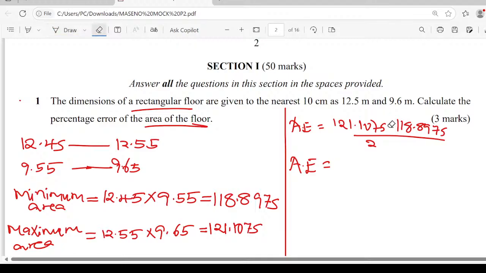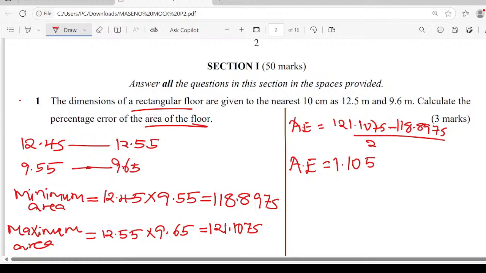It should be maximum area minus minimum area, divided by 2. Apologies for that. Maximum area, 121.1075 minus 118.8975. You subtract, then you divide it by 2. I'm getting 1.105.